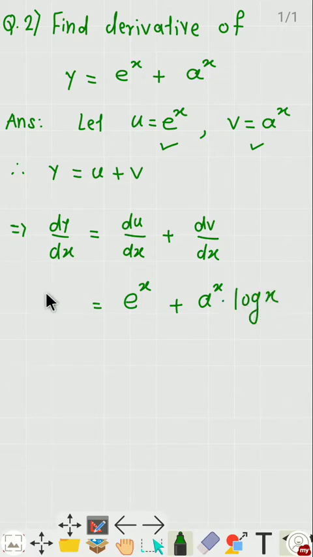So this is the derivative of function y with respect to x, where y is the addition of two functions, e raised to x and a raised to x. This is the way of writing the derivative of addition of two functions.